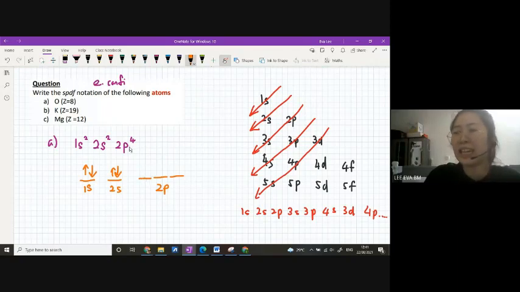We want to fill in singly first before pairing. So 1, 2, 3 are single, then only you pair up. The 4th electron pairs up.